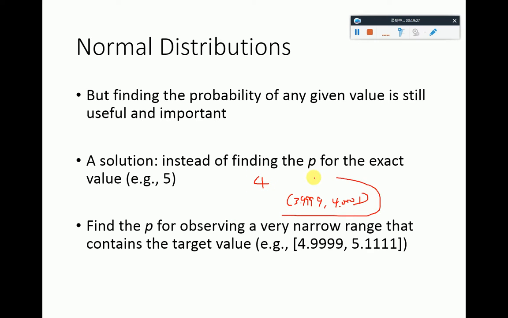Finding the probability of this interval is mathematically possible, and there are readily available ways to do that.